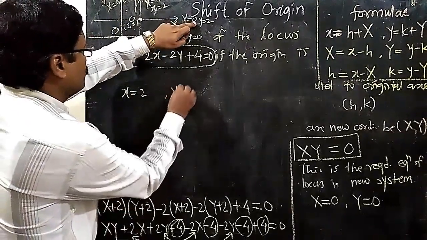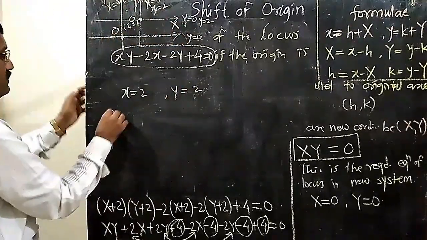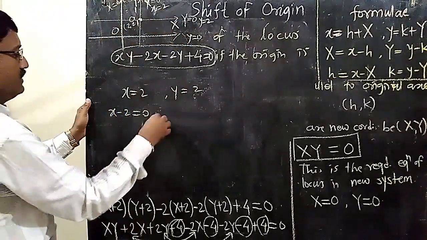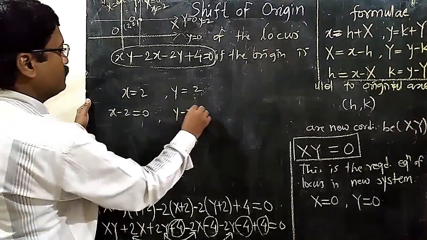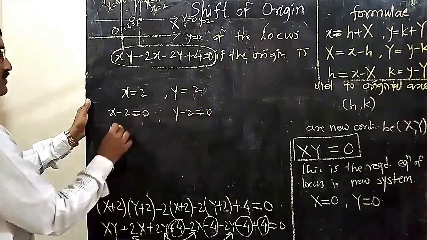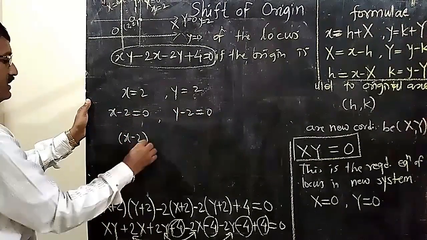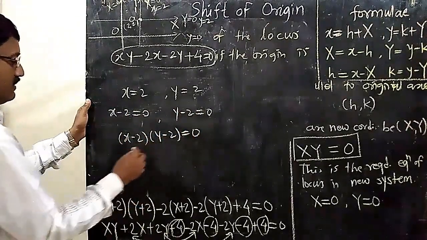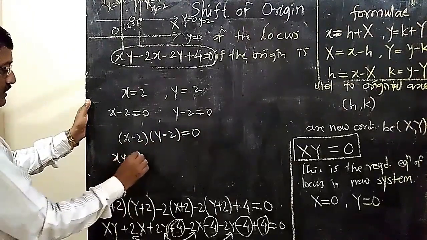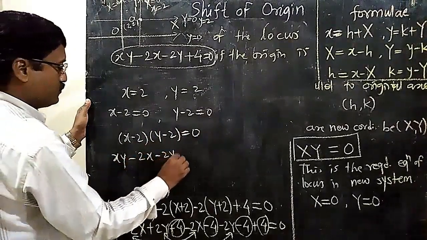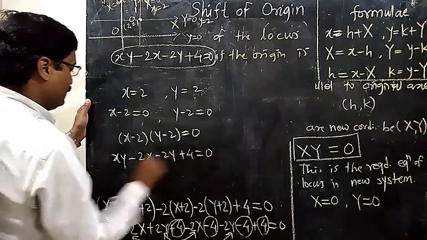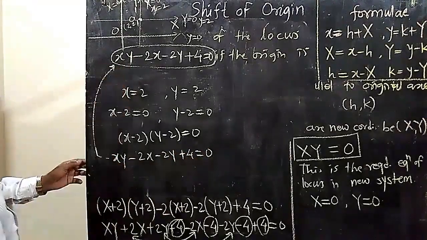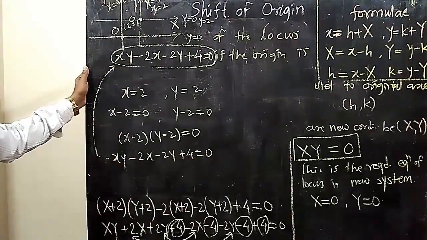If you write these equations in this form, x - 2 = 0 and y - 2 = 0, and take the product of these two, then it will be (x - 2)(y - 2) = 0, and after simplification we get xy - 2x - 2y + 4 = 0. That is nothing but the given locus in old system.